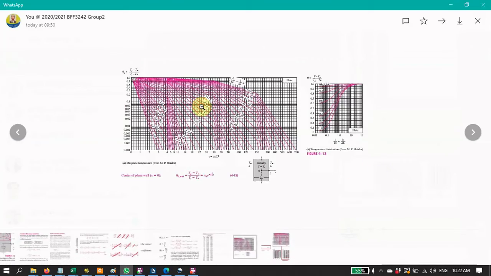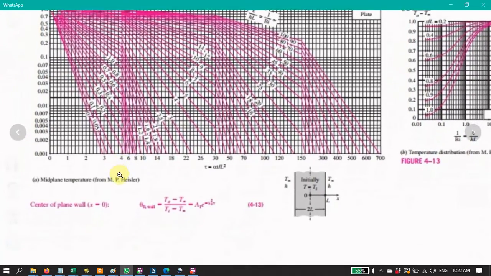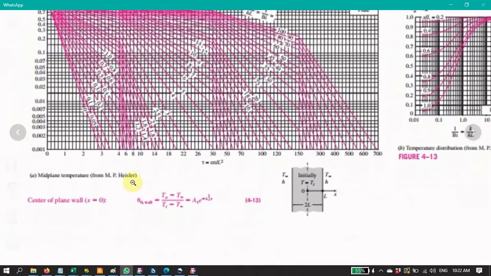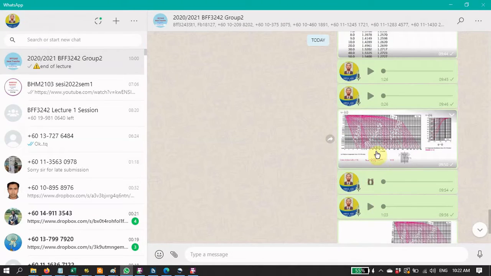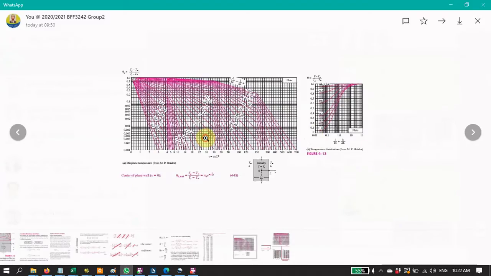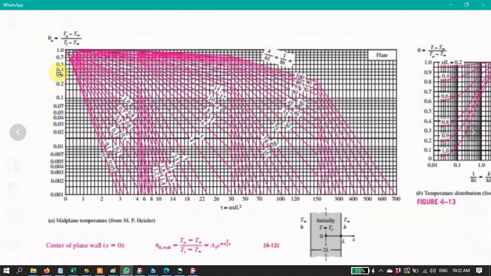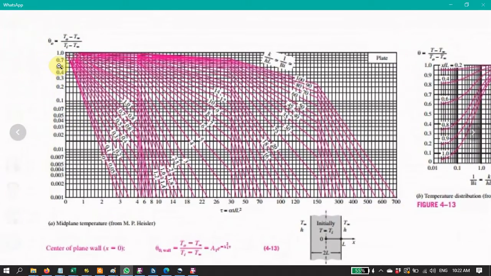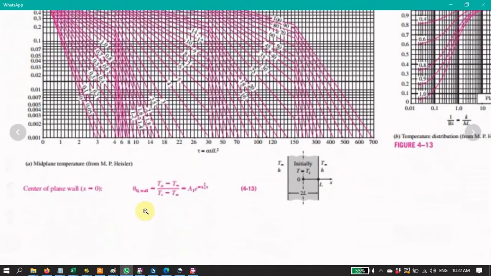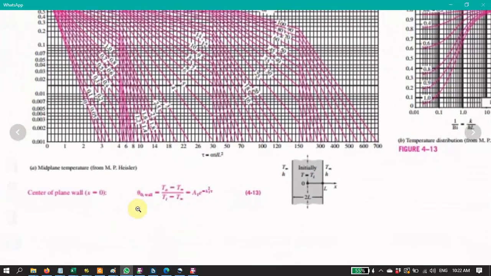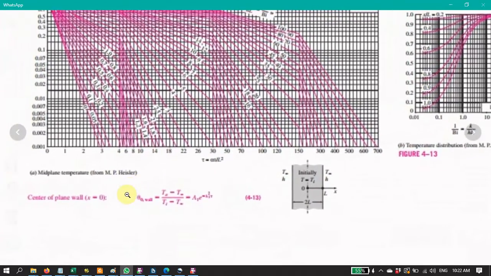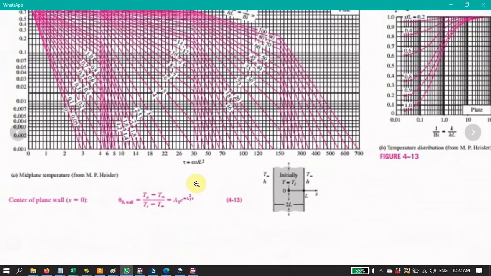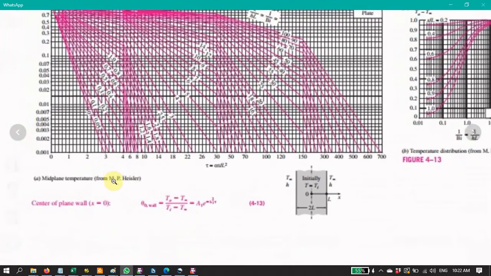This graph is called the Heisler chart. So I have shown you another way to obtain the dimensionless temperature using the Heisler chart, right?